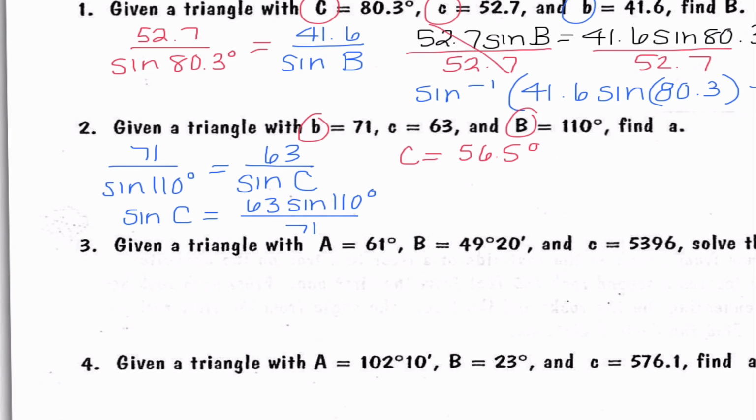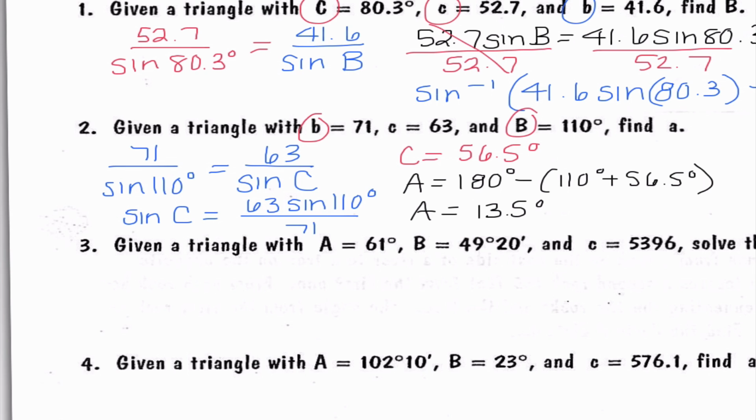Now, once again, that doesn't matter, but what does matter is angle A because that can help us find side A. So I'm going to go ahead and add the 2 angles we know together and subtract from 180, and I end up getting 13.5 degrees.